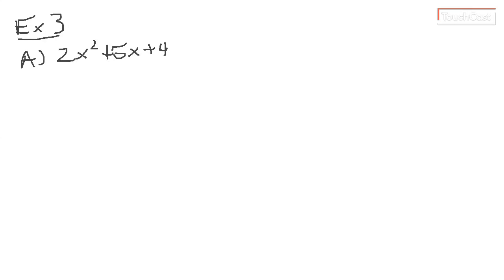But it does look like step 3, the ax squared plus bx plus c. I'm going to check the AC slide. So if I go 2 times 4, I get 8. So I want numbers that multiply to make 8, but they add to make 5. Well, numbers that multiply to make 8, you've got 1 and 8, and you've got 2 and 4.